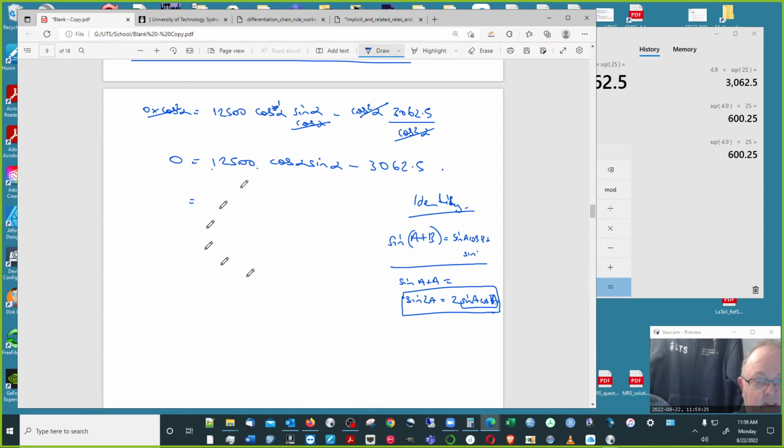That's really annoying, because what it means is you would have to divide by 2 both sides. So what you're actually putting in is a half sine 2 alpha. So your 12,500 is going to get halved, and then you'll put in sine 2 alpha. That's a little bit annoying, to say the least.